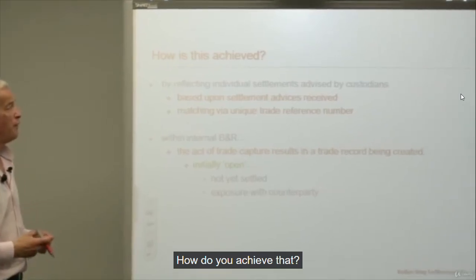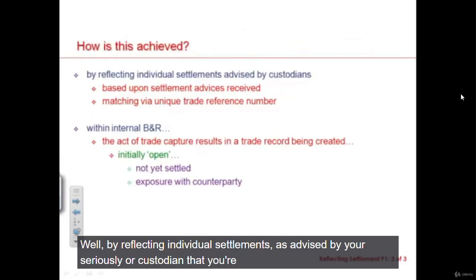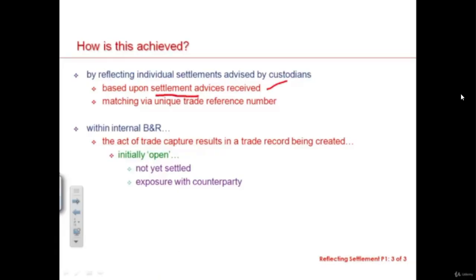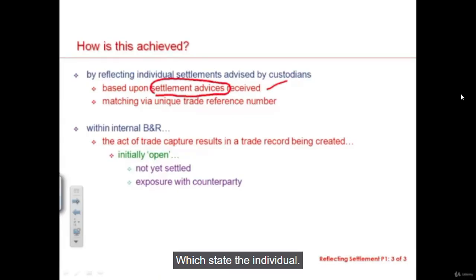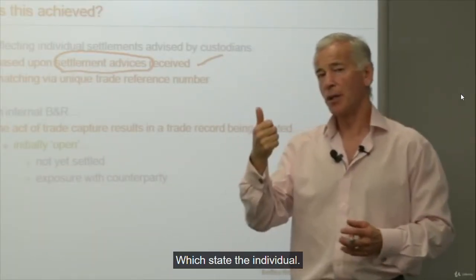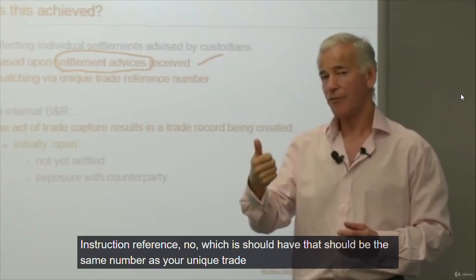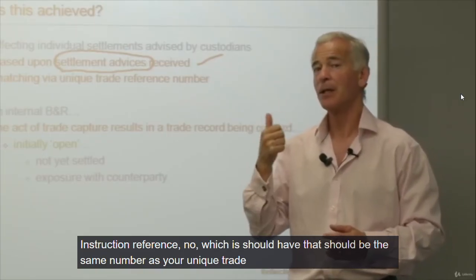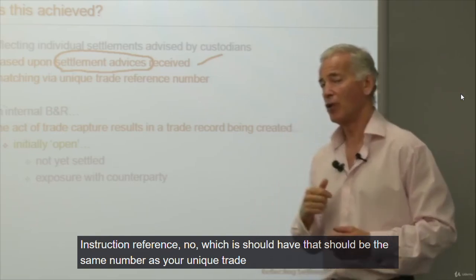How do you achieve that? Well, by reflecting individual settlements as advised by your CSD or custodian that you're using. What you'd actually receive are settlement advices, which will state the individual instruction reference number, which should be the same number as your unique trade reference number.